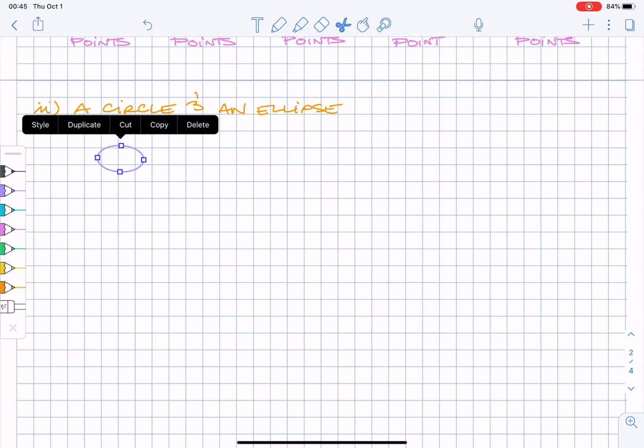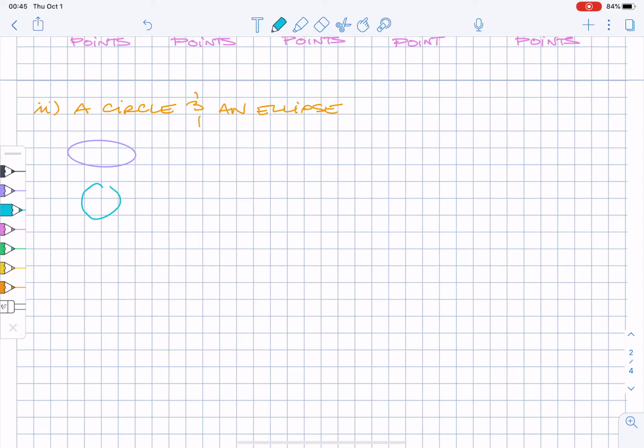Here's an ellipse. I should maybe make this a bit longer, like so. And then I'll draw a circle over here. So in this case, we have 1, 2, 3, 4 points of intersection, so 4 points shared.